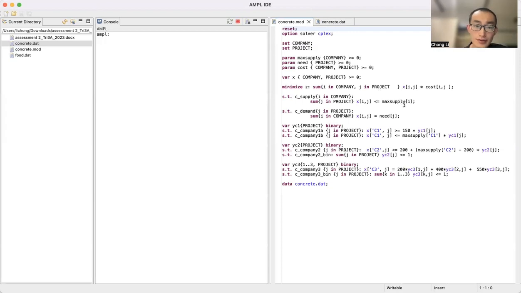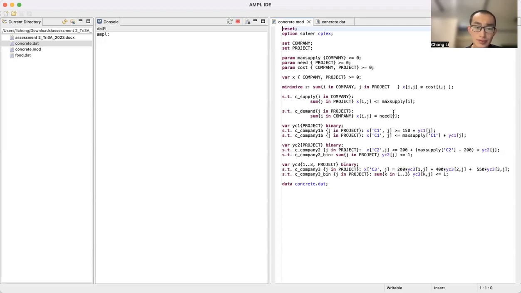For these two lines, it means for every company, the constraint is that the supply to all projects cannot exceed its maximum supply. And the left side is the sum of the quantity of concrete supplied by the company.